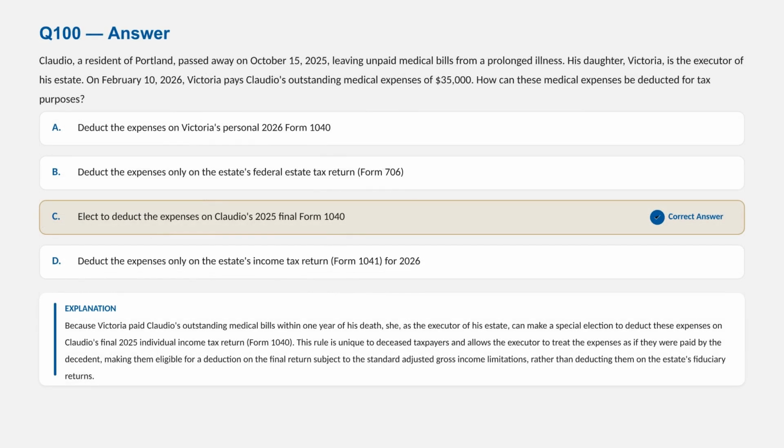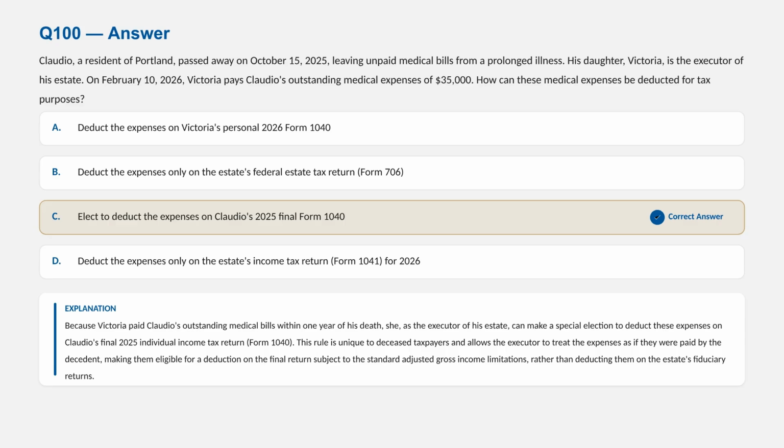The correct answer is C. Elect to deduct the expenses on Claudio's 2025 final Form 1040. Because Victoria paid Claudio's outstanding medical bills within 1 year of his death, she, as the executor of his estate, can make a special election to deduct these expenses on Claudio's final 2025 individual income tax return, Form 1040.